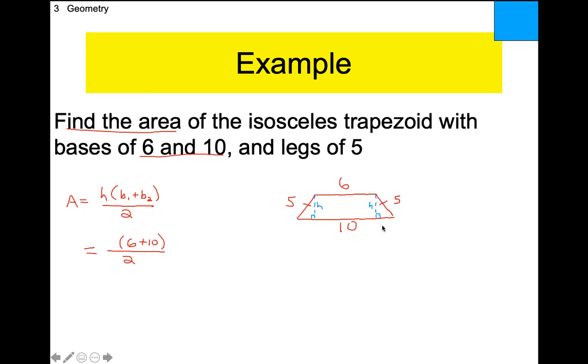Therefore, all I really need to do is figure out the area of either one of these triangles. The problem is that this distance right here isn't labeled, and that would be the same as this distance right here. The total would be 4, so that means this individual piece would be 2.